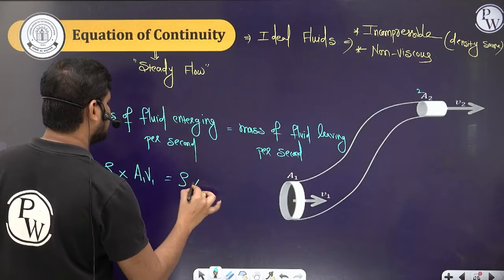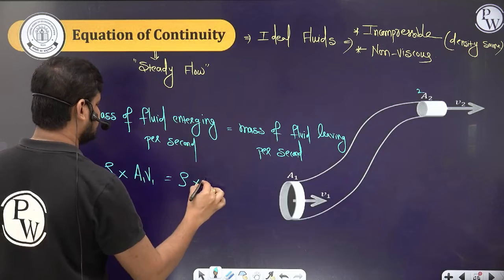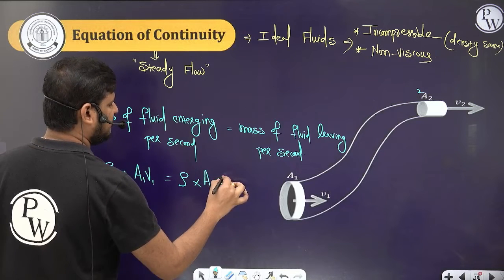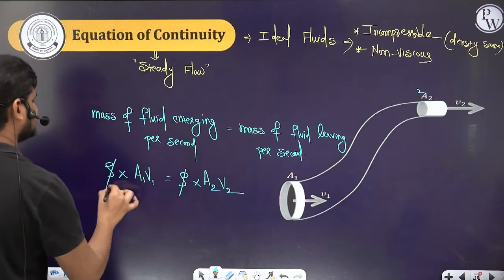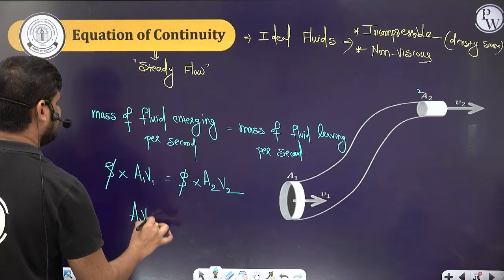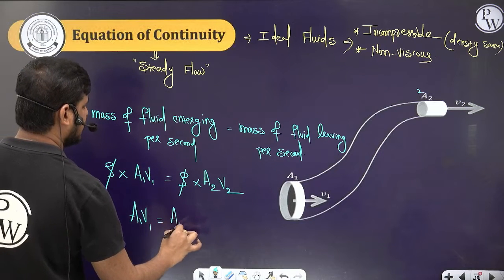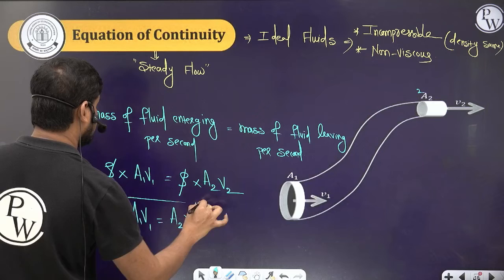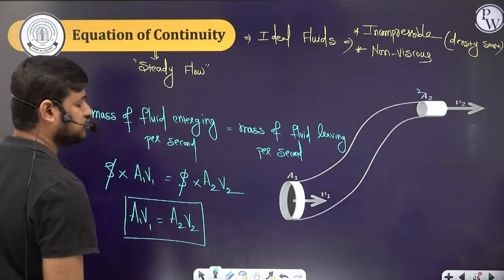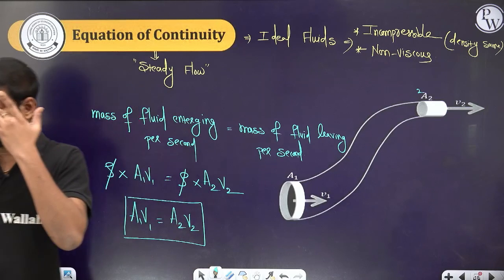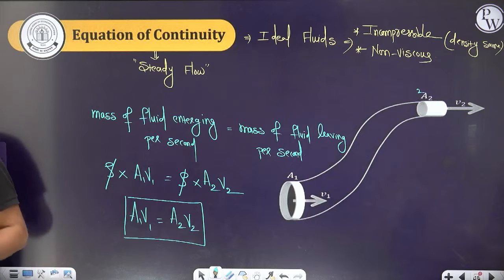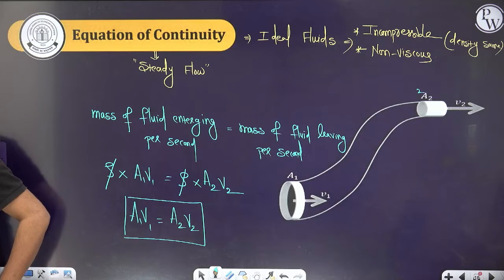The density is going to be the same because we are taking an incompressible liquid, so rho gets cancelled. So A1 V1 is equal to A2 V2. This is called the equation of continuity. Note this down, very, very important. We are going to use this equation of continuity throughout Bernoulli's principle, guys.